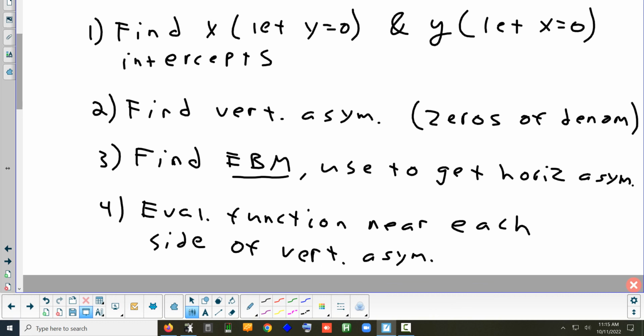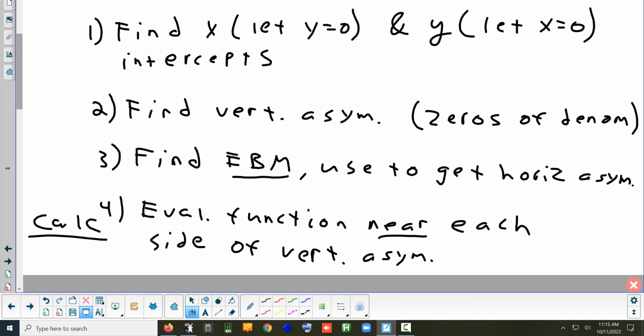The next thing we want to do, and this is going to be on the calculator, is use the calculator to figure out what's happening near the asymptote. And remember, when you get close to an asymptote, you either start to approach infinity or negative infinity. Figure out which one of the two it is. Is it infinity or negative infinity? So, evaluate your function near each side of the vertical asymptote.